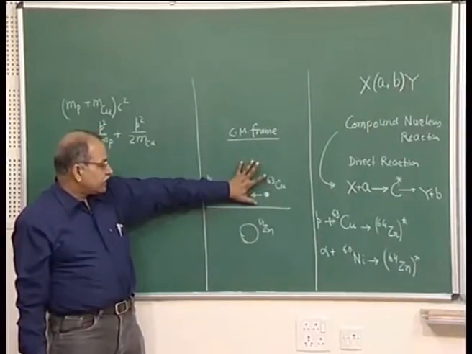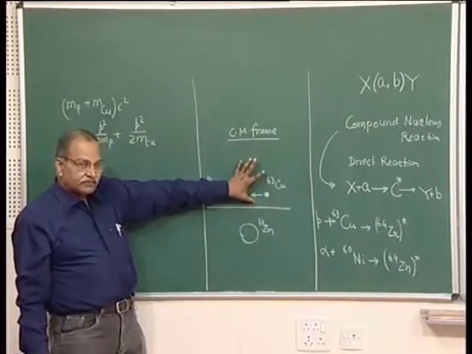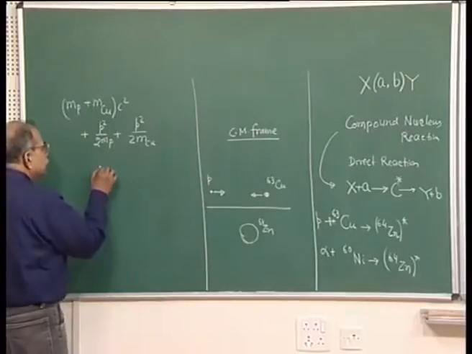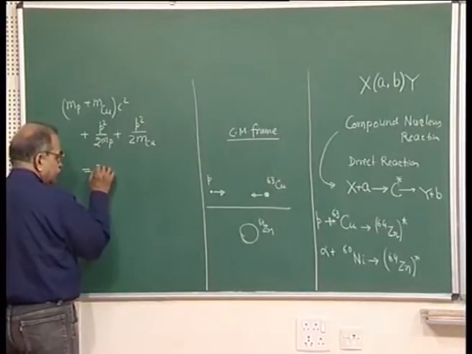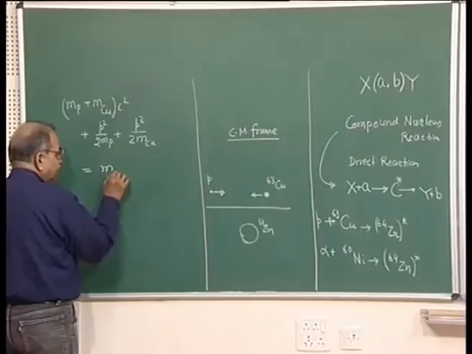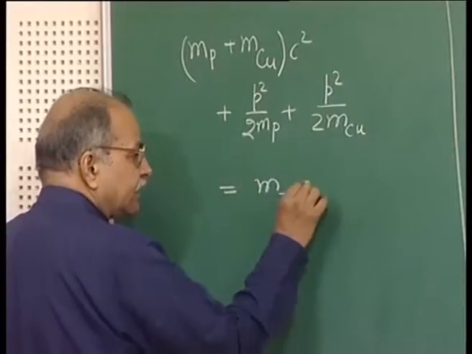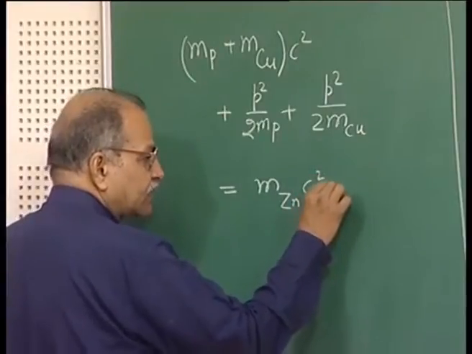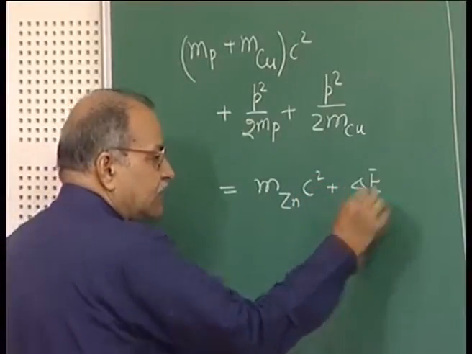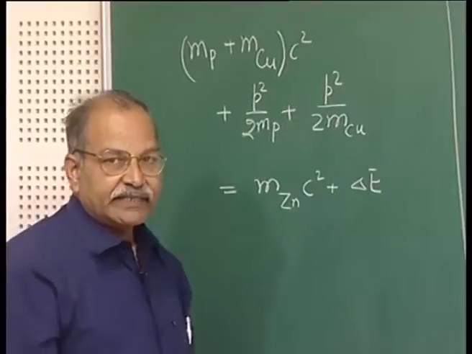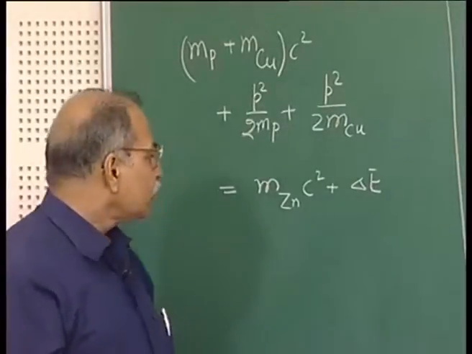So, that is the initial kinetic energy before the event, and after the event the total energy is the mass of this zinc 64, let us take ground state, C square, plus the energy which is taking it to some excited state, right.